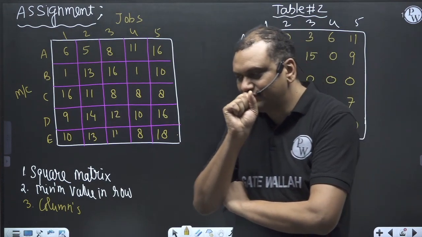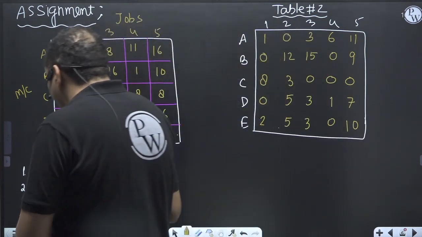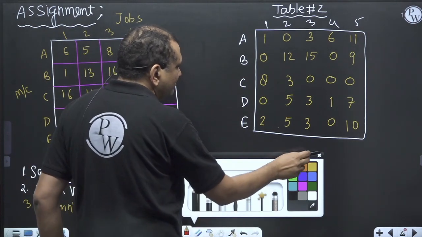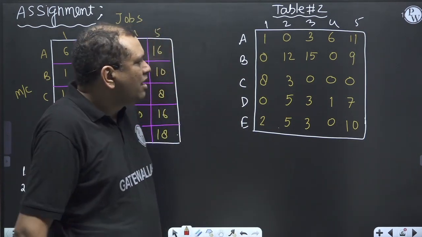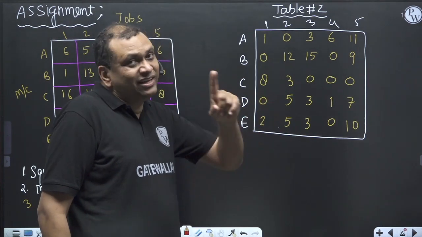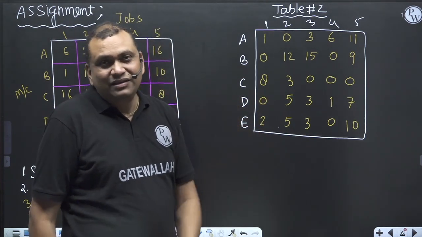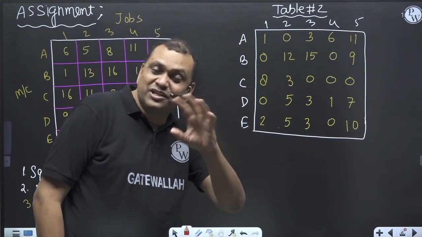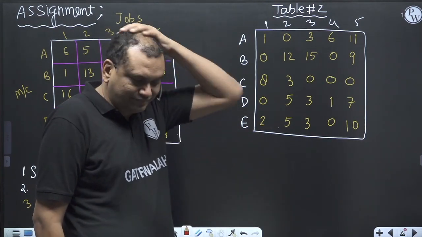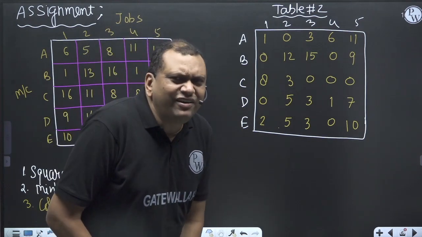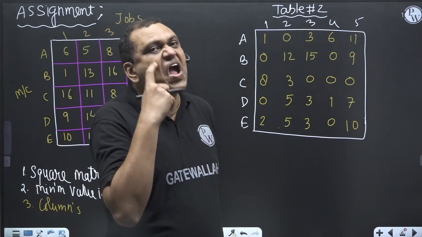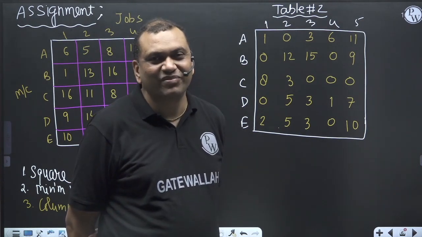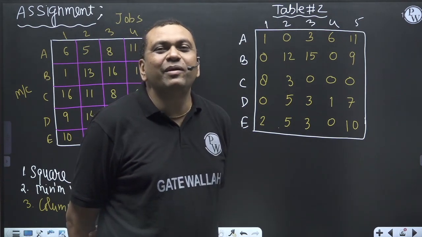Correct? Now the next step is cover all these zeros. Here we have to think a little bit, because otherwise most of the students make mistakes here.